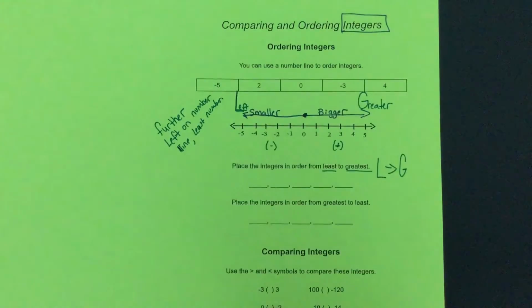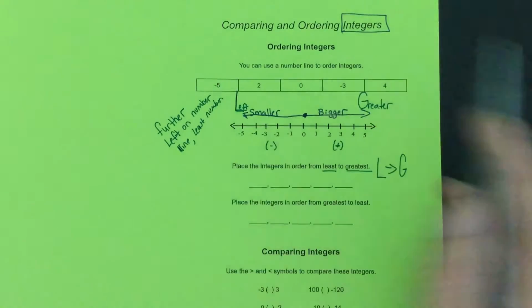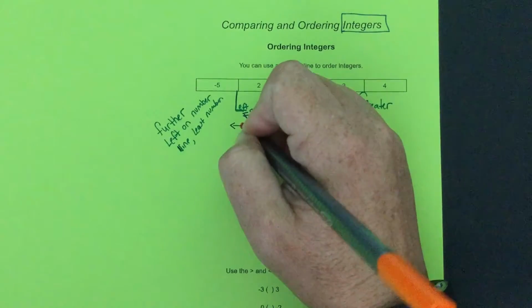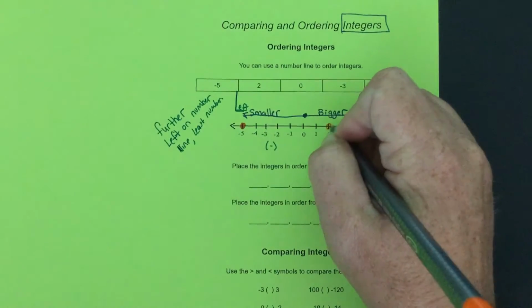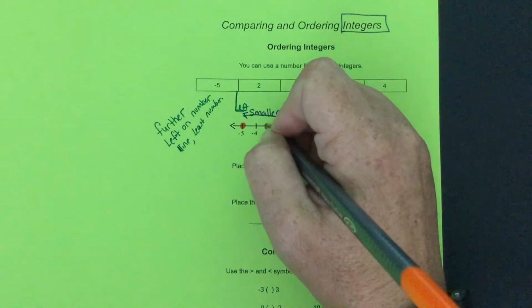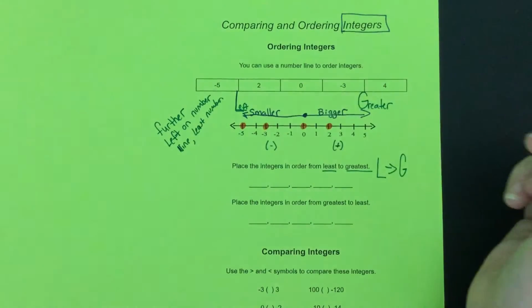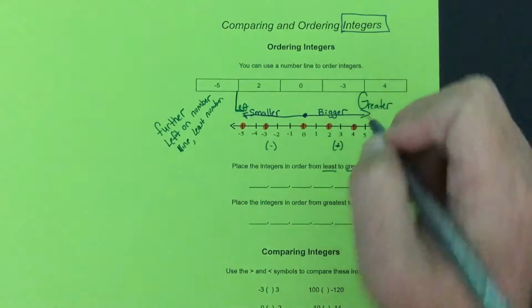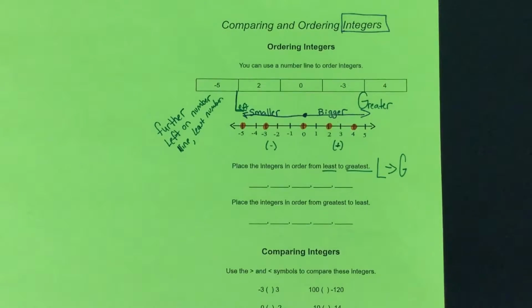So let's go ahead right now. I want everybody to be placing their numbers on the number line. I'm going to be doing it as well. So here's negative 5, positive 2, 0, negative 3, positive 4. So I now have them placed on my number line.